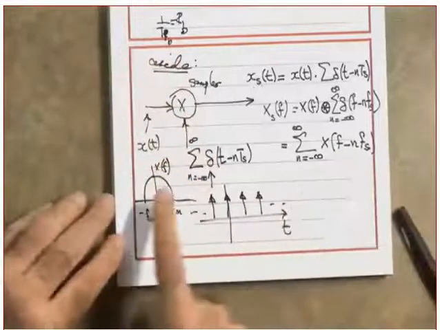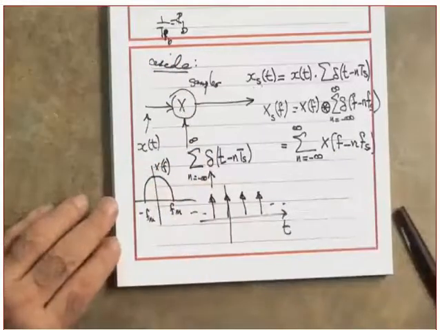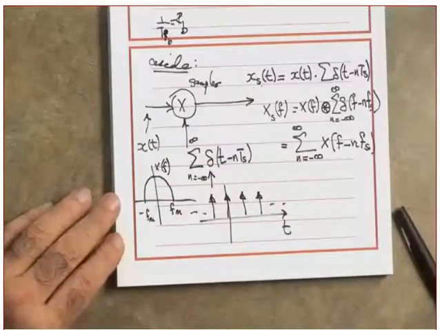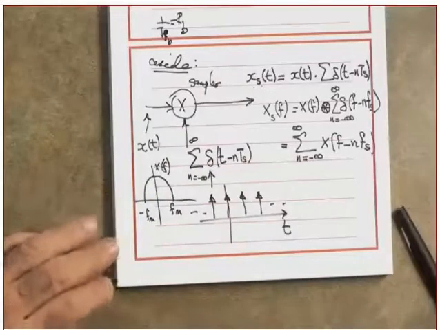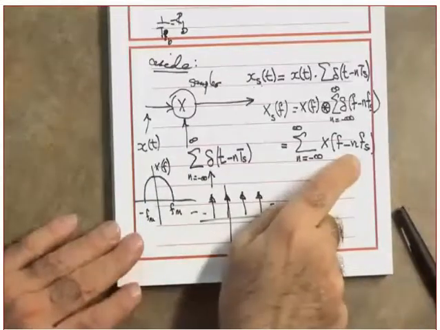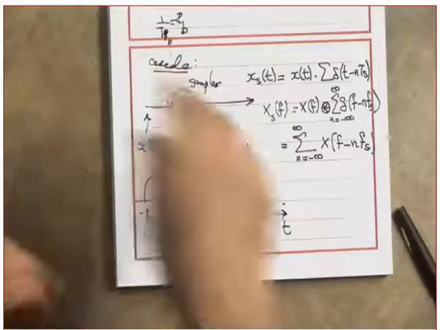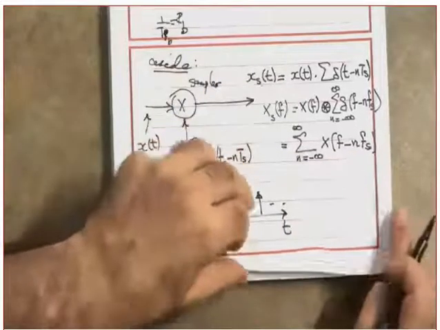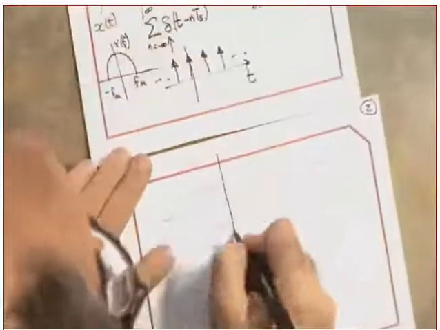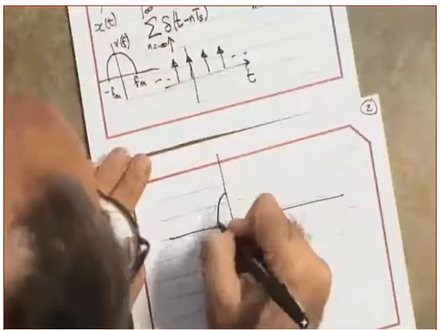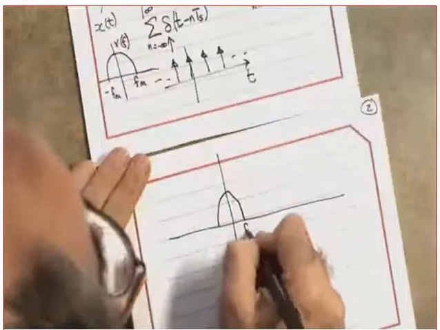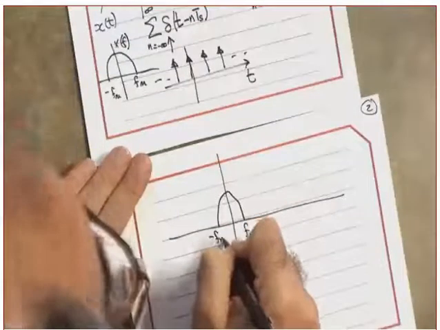What is this? This is the spectrum duplicated an infinite number of times, centered around Fs, the sampling frequency, and its harmonics. So what do I get? Which component is this one?